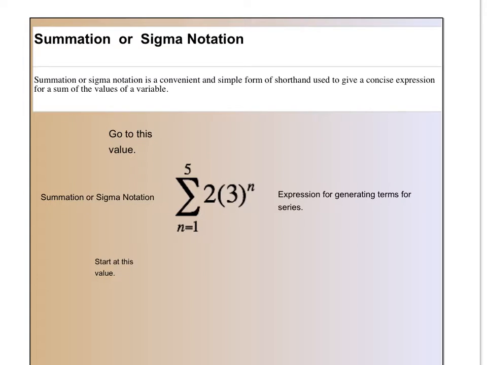Now, sigma notation is actually a pretty simple, convenient way to talk about summation notation, or talk about basically what a series is. So this one is going to be a geometric series because I'm multiplying over and over and over again. So 2 times 3 to the n. So I start with n equaling 1, I stop with n equaling 5, and I add all of those.